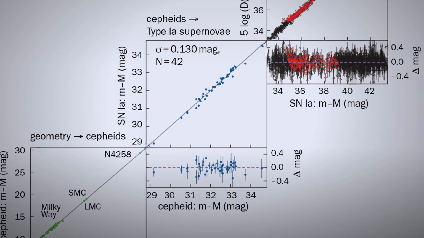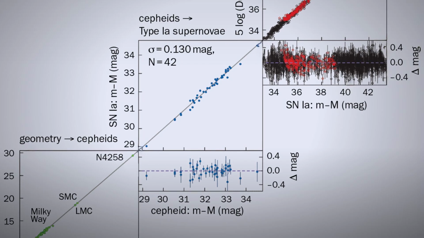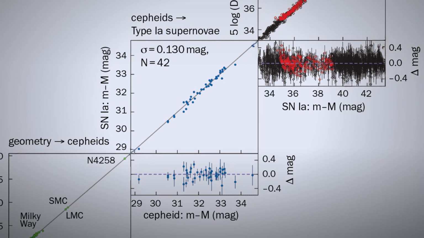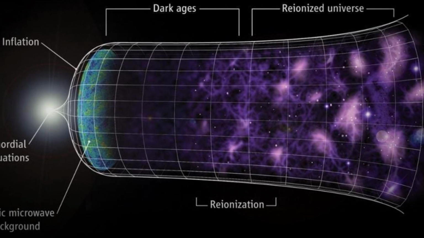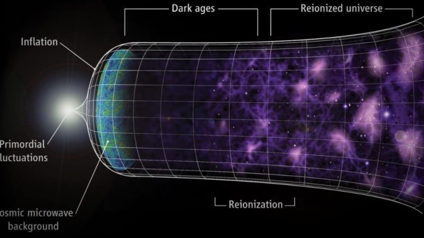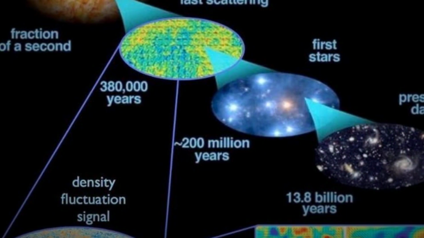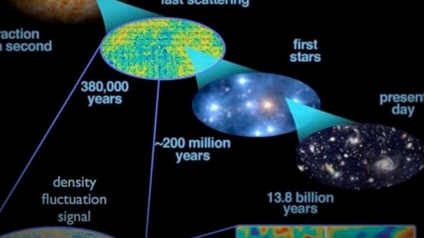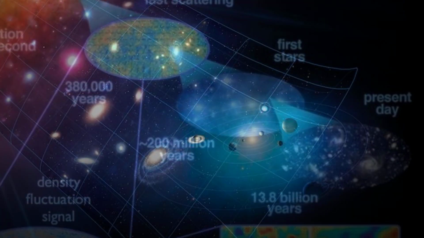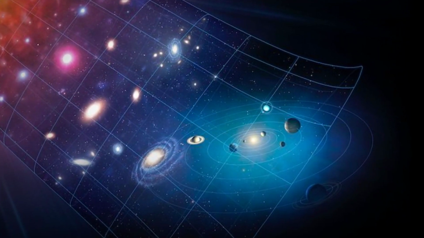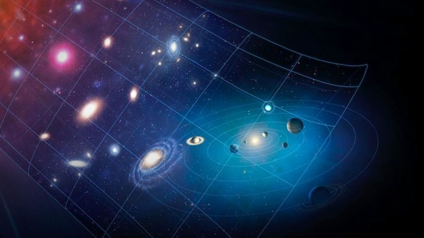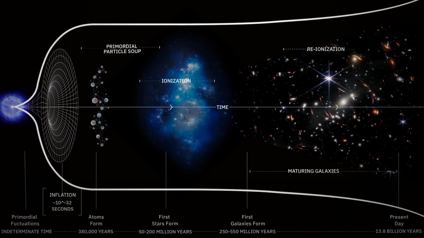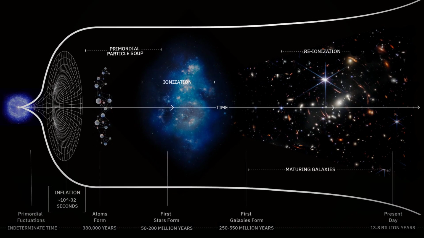There is already tension pointing in this direction from an unrelated observation. Hubble tension, the persistent discrepancy between different measurements of how fast the universe is expanding, has also been interpreted by some researchers as a hint that the early universe contained physics that the standard model does not account for.